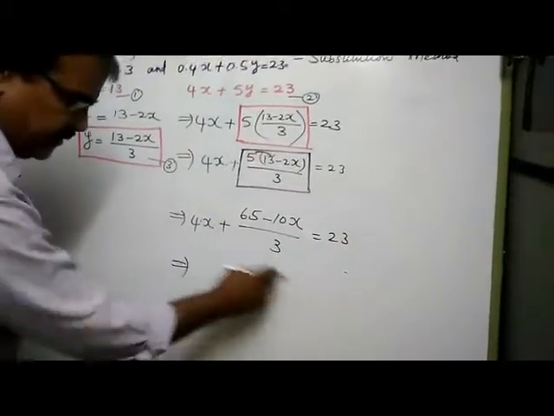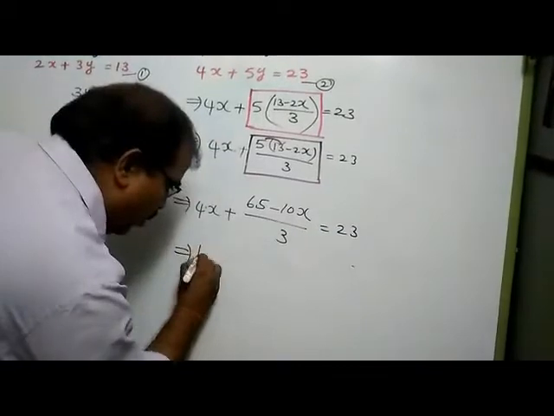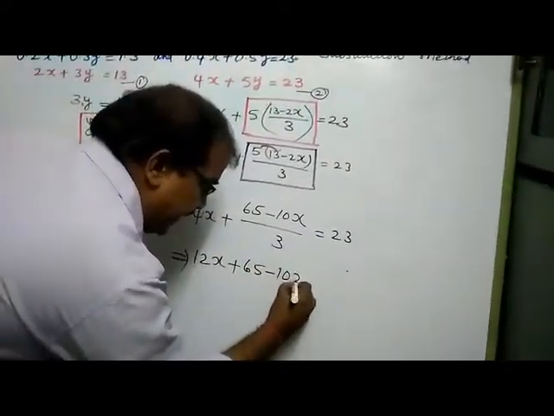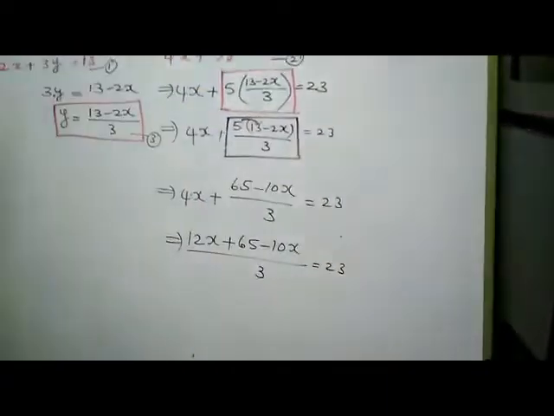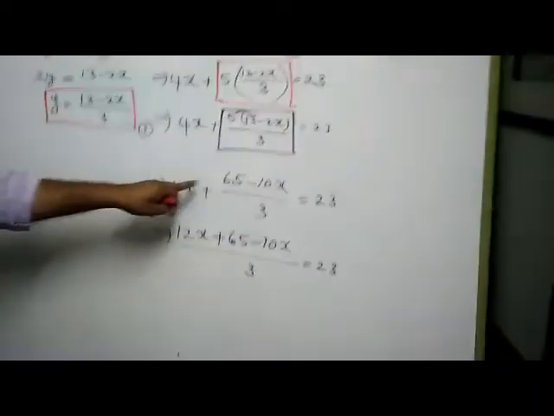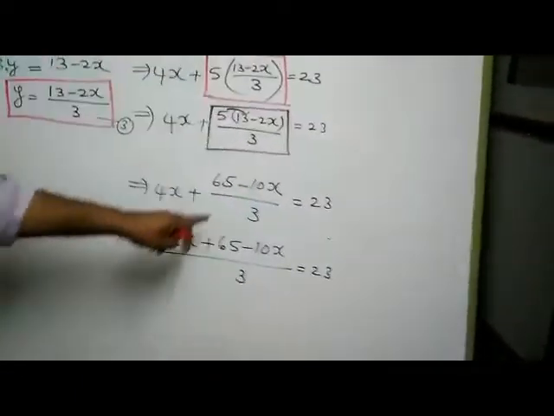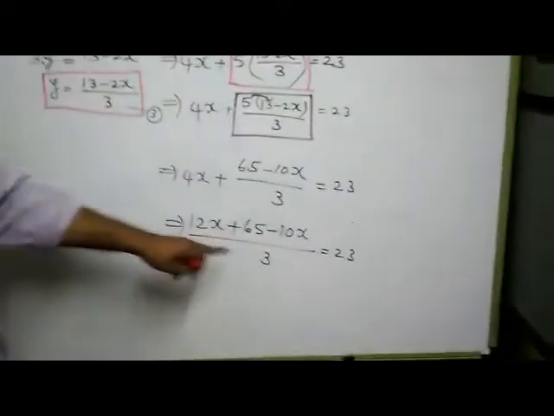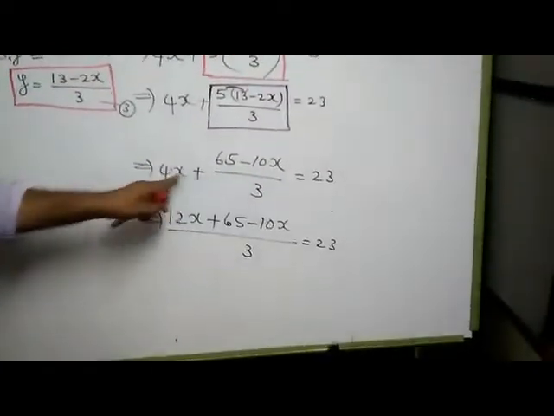Here we can take the LCM, otherwise use the shortcut method. 4 3s are 12, so 12x plus 65 minus 10x by 3 is equal to 23. How to simplify? 4x becomes 12x, 4 3s are 12x.